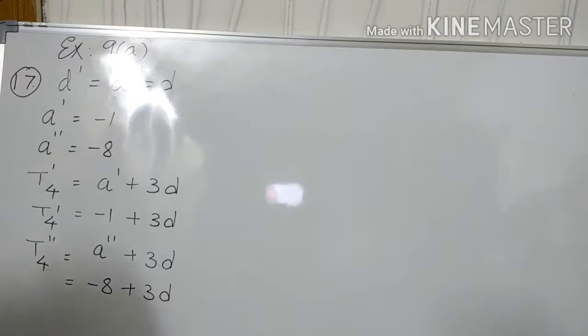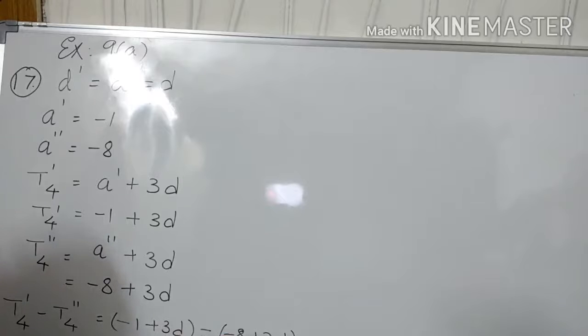Now in our question we want to find the difference between them. So first of all I take T4' minus T4''. T4' is -1 + 3d and T4'' is -8 + 3d.